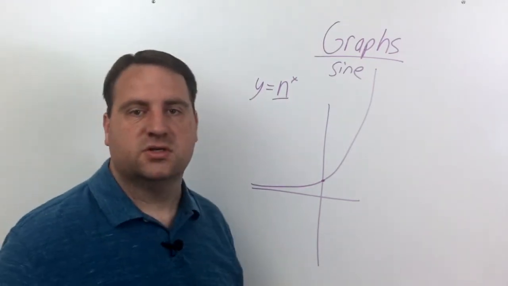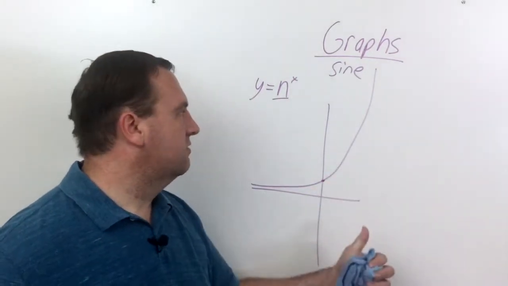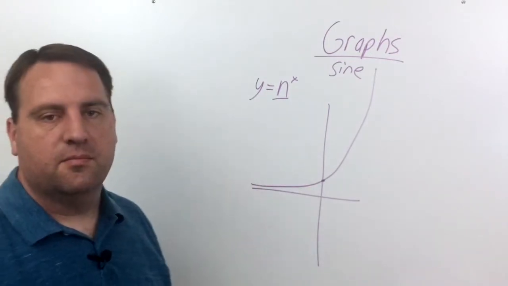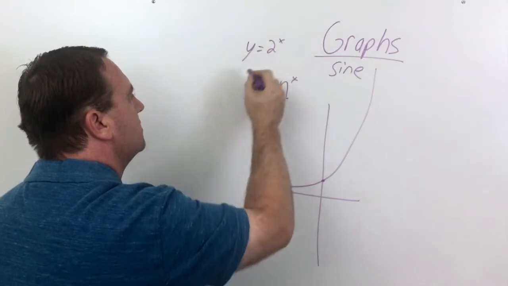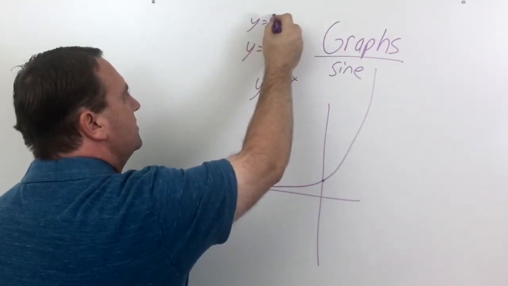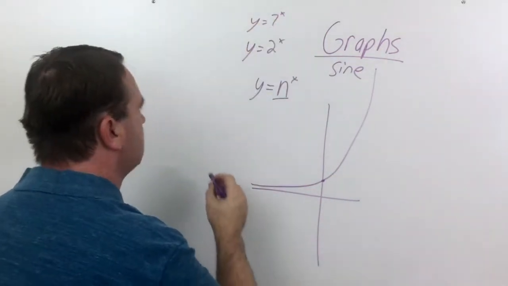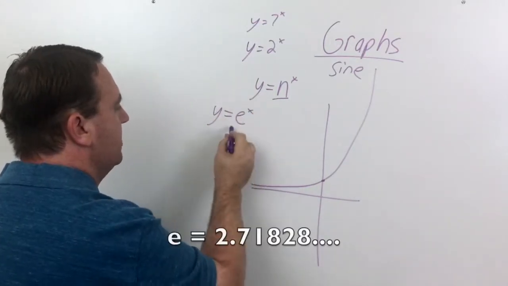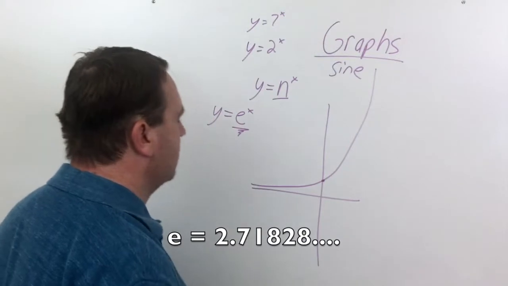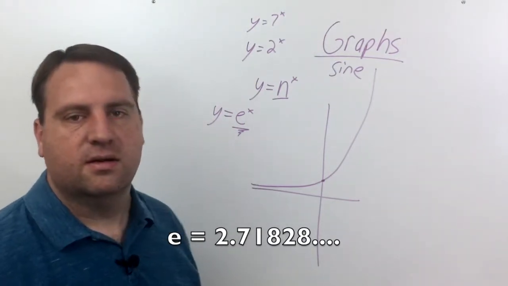It's not a variable, it's just that there are several exponential functions. So I can say y equals 2 to the x, y equals 7 to the x, or there's a special number, y equals e to the x, and e is a special constant, which we will talk about in later videos.